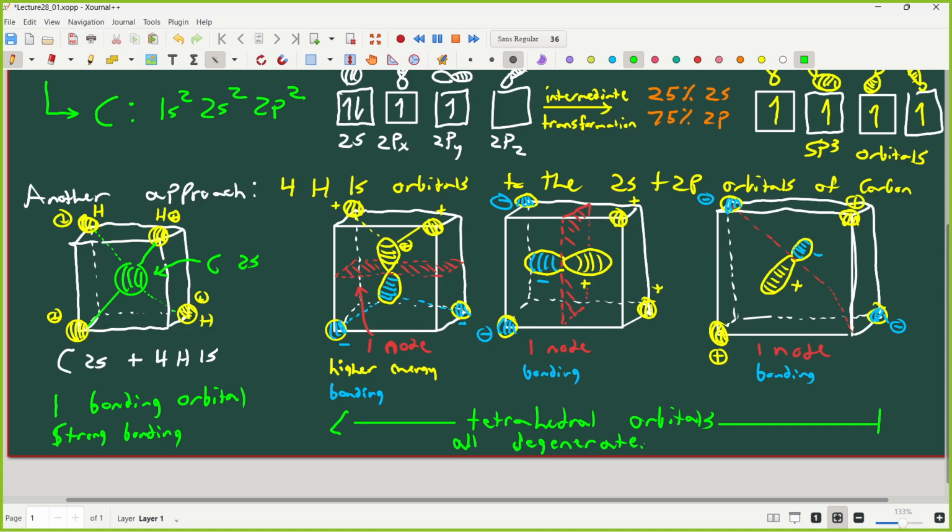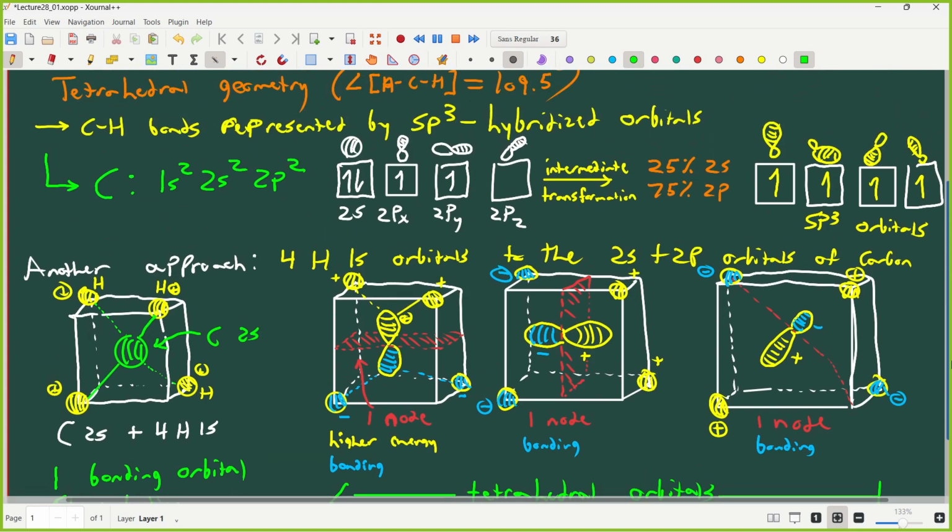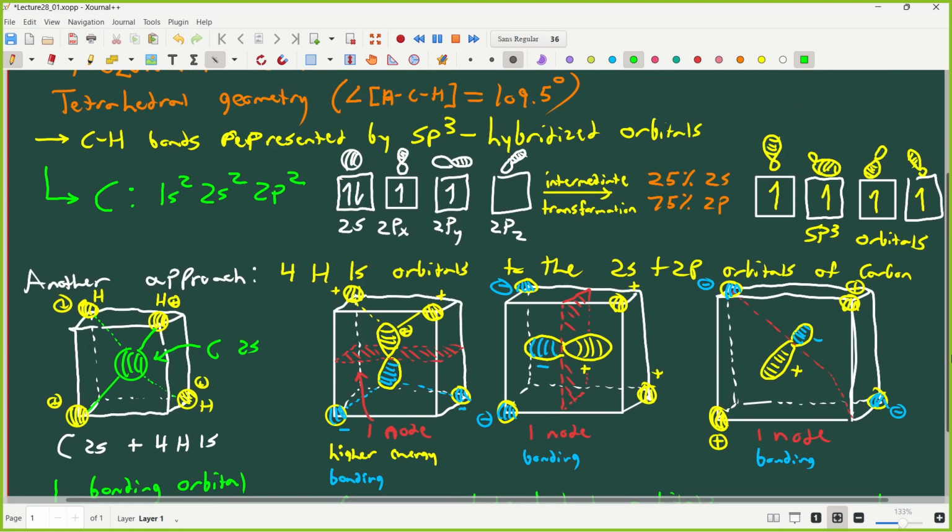When we do the old school hybridization scheme where we add 25% S and 75% P to make four equivalent orbitals, all I need to do is add little hydrogens to the ends of these. Let me do it in a different color, sorry. I can add little hydrogens to the ends of these lobes if I wanted.